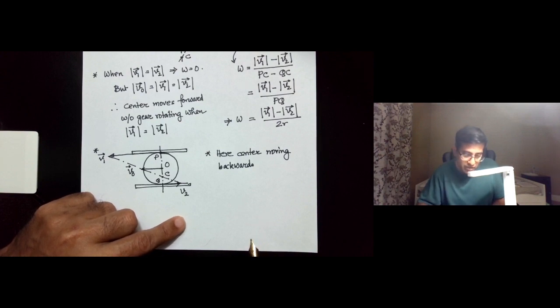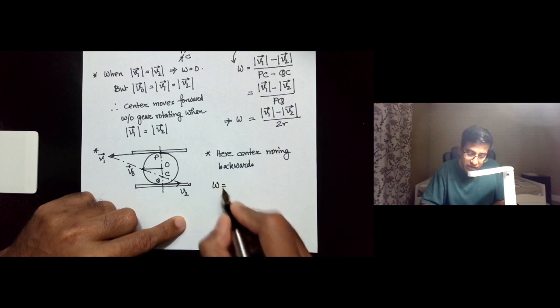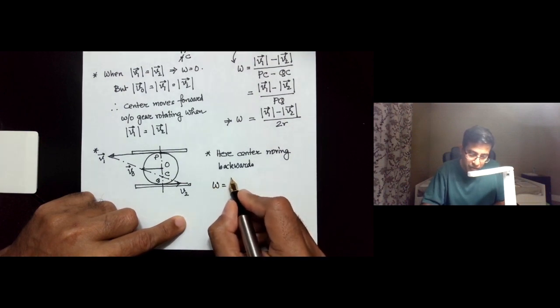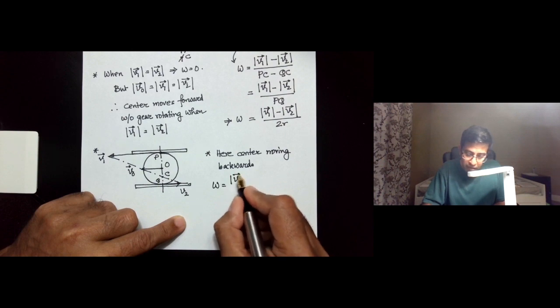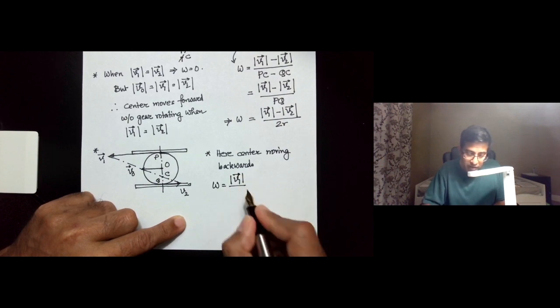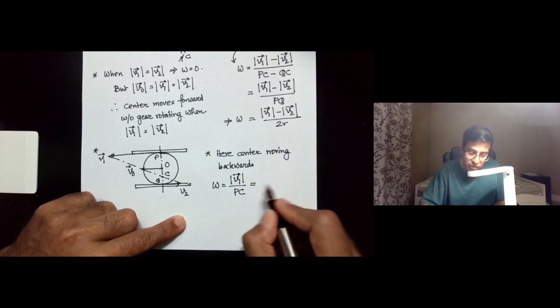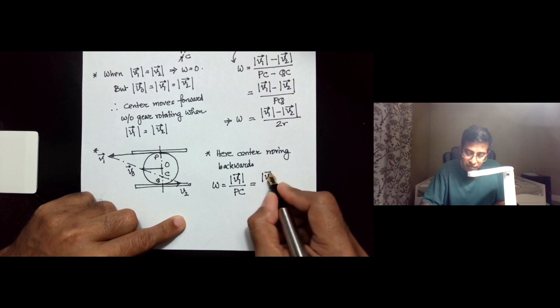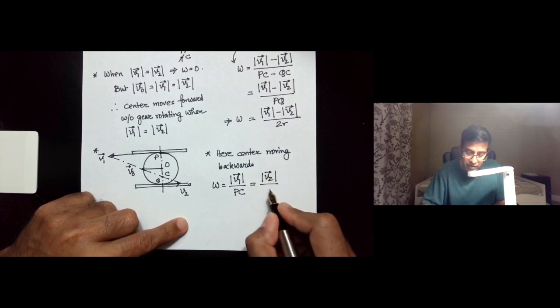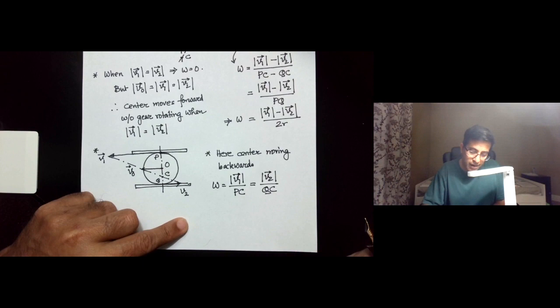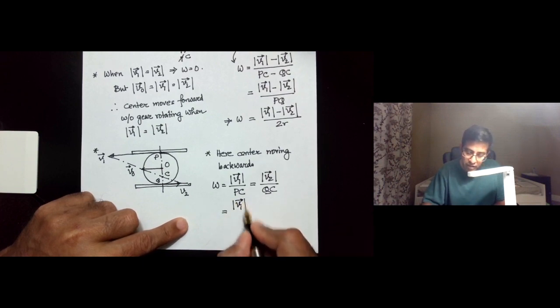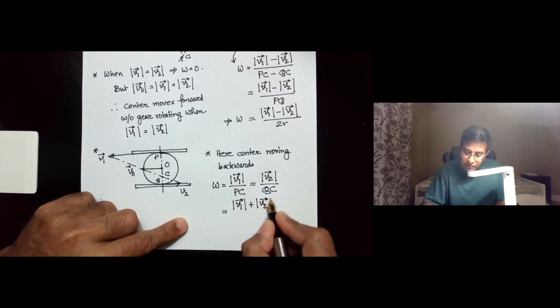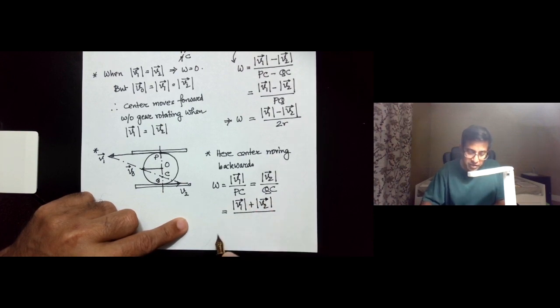Here the angular velocity is V1 divided by PC, which is equal to V2 divided by QC, and so this is equal to V1 plus V2 divided by PC plus QC, and PC plus QC is 2R.